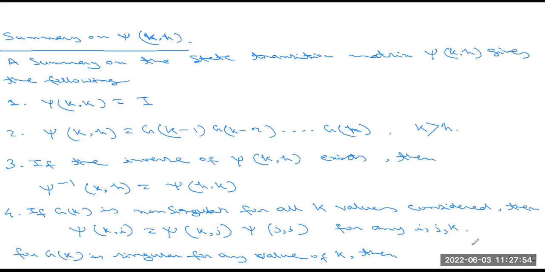Okay, next, this is the last topic of this module, the pulse transfer function matrix. So in the second module we have to cover the pulse transfer functions. Okay, so how is it calculated?